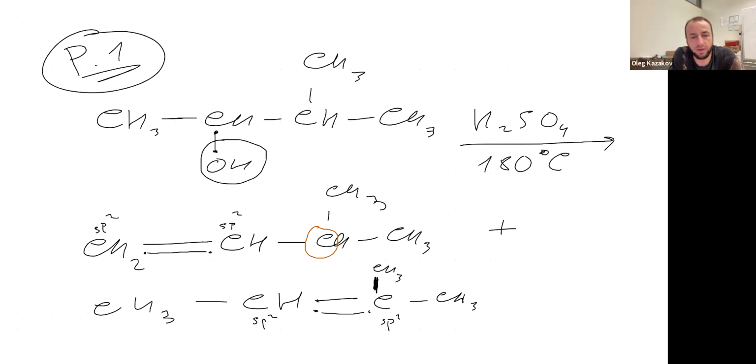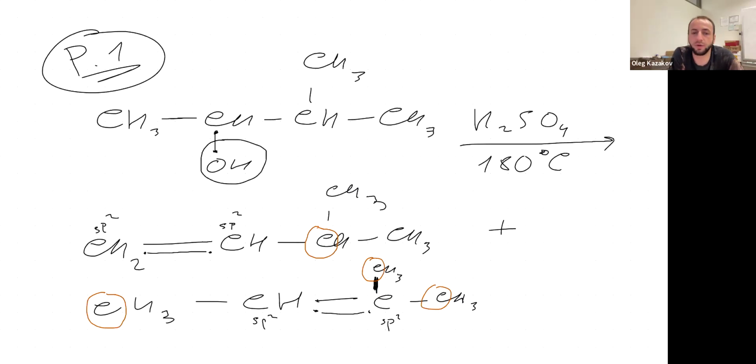Now structure number 2. Here this sp2 carbon has one other carbon directly attached to it. This sp2 carbon has 1, 2. So the total number of carbons attached to the carbon-carbon double bond is going to be 1, 2, 3.